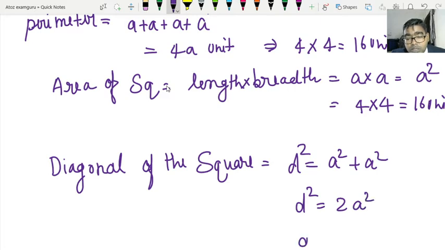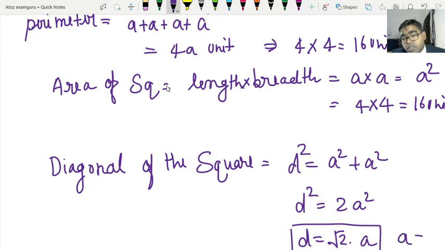That means D equals root 2 into a. So sometimes if the side is not given but the diagonal is given to you, you can use this formula to calculate the side, right friends? So side equals D over root 2 in this case.